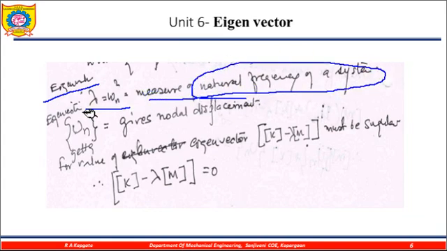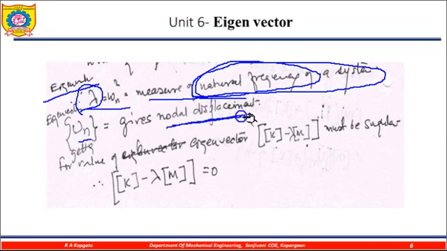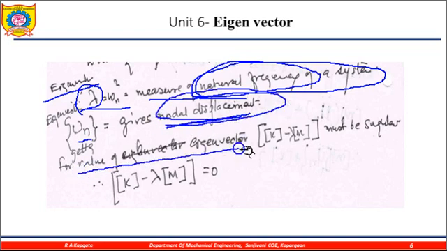Lambda is showing me the natural frequency of the bar or system, and this un gives me the nodal displacement. Hence, to find the value of the eigenvector, my k minus lambda m must be singular.